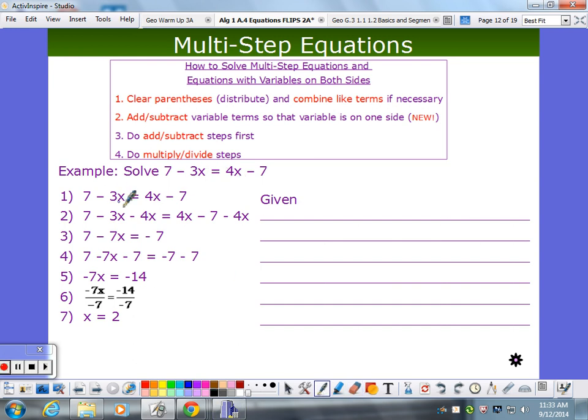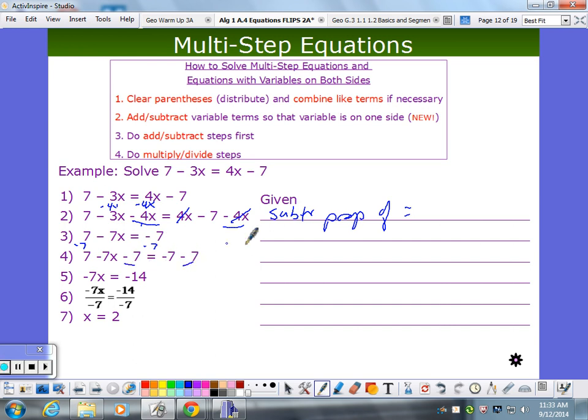Okay, watch what's going on here. I am subtracting 4x from both sides on this step using the subtraction property of equality. Why am I doing that? Because what is 4x minus 4x? It's gone. Now I only have x on one side. And now you should know what to do, right? You're going to subtract the 7.